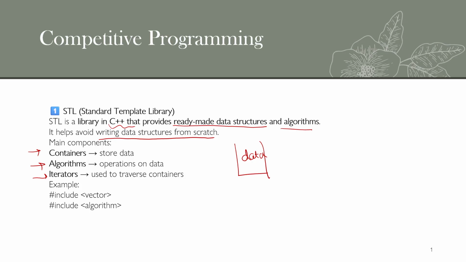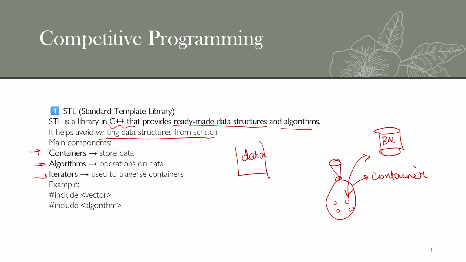Let's understand with the help of an example. You have a bag full of balls. This bag is a container. The algorithm is that you have to pick one ball from the bag and place it into this basket.